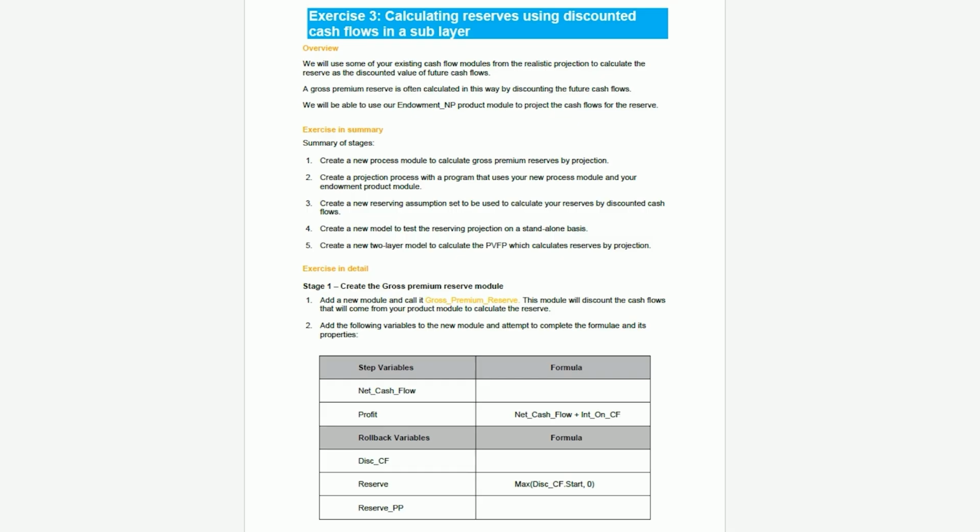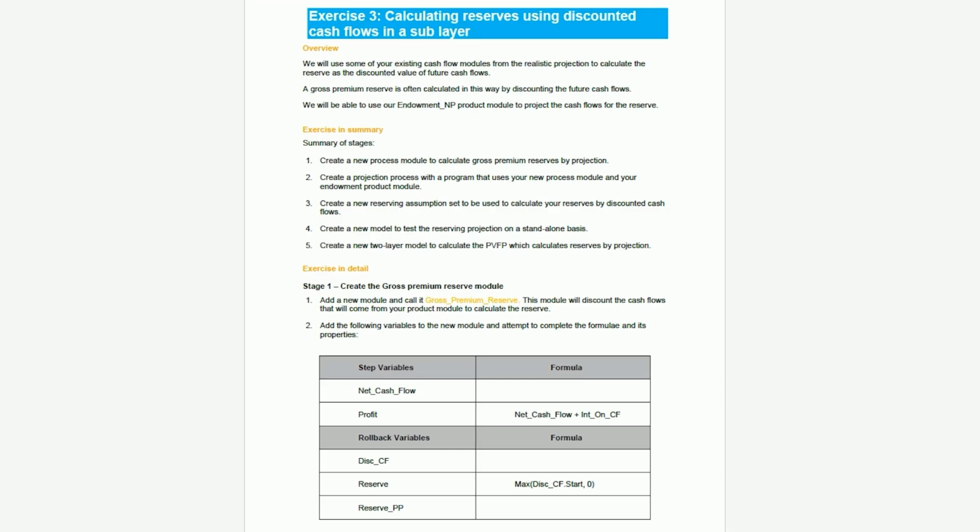The main steps will be: Step number 1, create a new process module to calculate gross premium reserves by projection. Step number 2, create a projection process with a program that uses your new process module and your endowment product module. Step number 3, create a new reserving assumption set to be used to calculate your reserves by discounted cash flows.